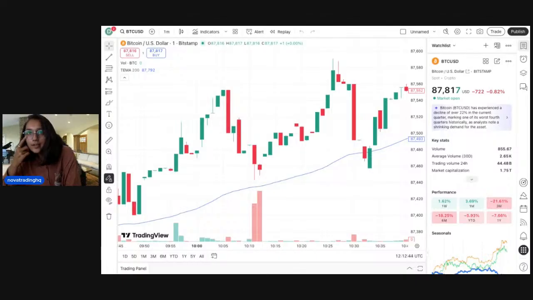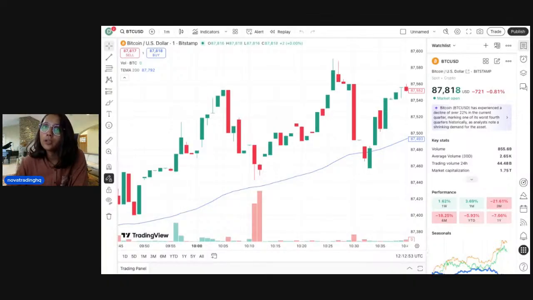Currently the price is trading at 87,870. So look at the next candle at 10:20.